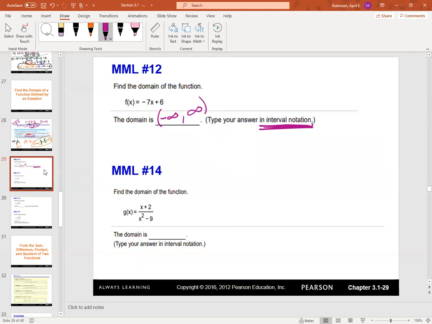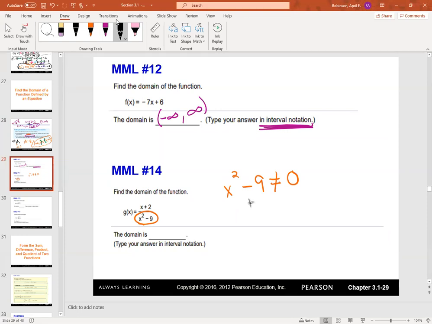But when I get to number 14, I have a denominator, okay? For the fraction ones, the denominator is not allowed to equal 0. The x squared minus 9 cannot equal 0. So solve that for x, and you'll know what x is not allowed to equal.